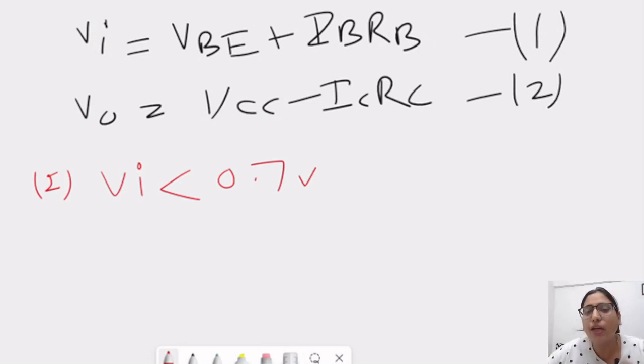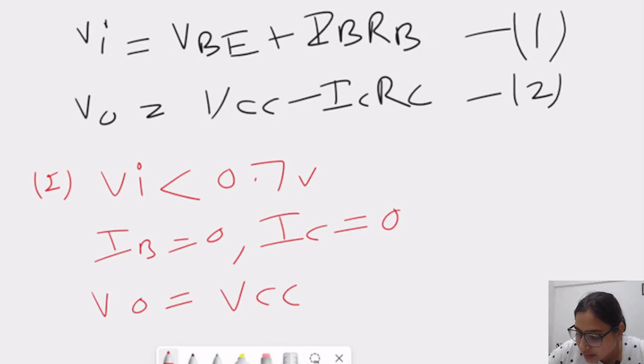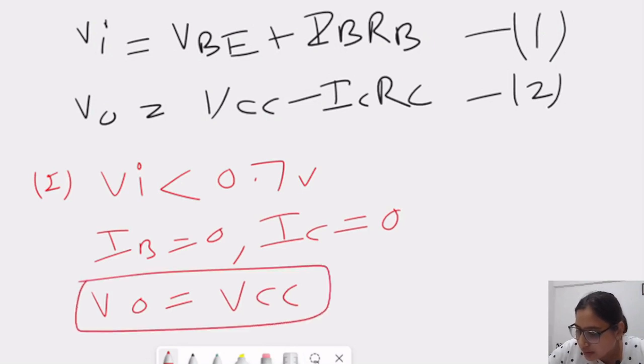When Vi is less than 0.7 volt, what will we get? We will get IB equal to 0. If IB is 0, IC is also 0. So V output is nothing but VCC. This is our first consideration, that output is VCC.